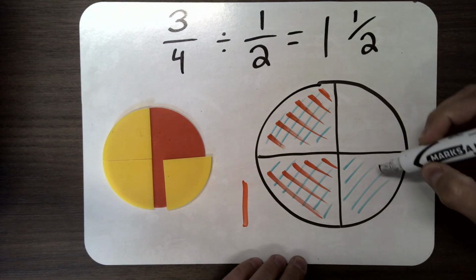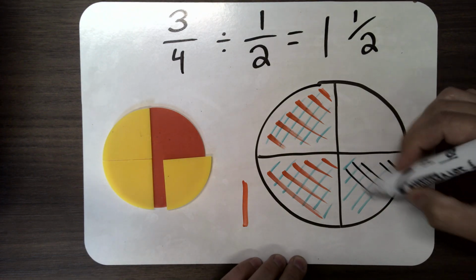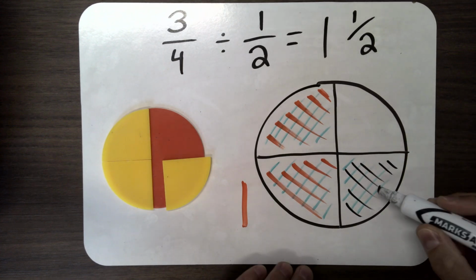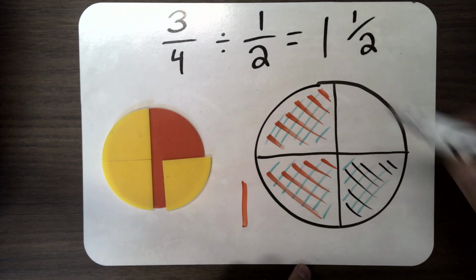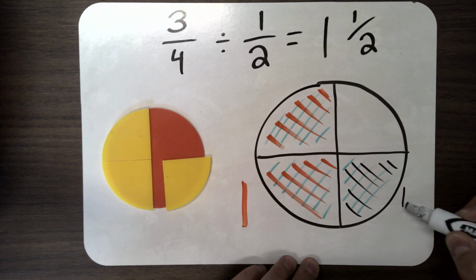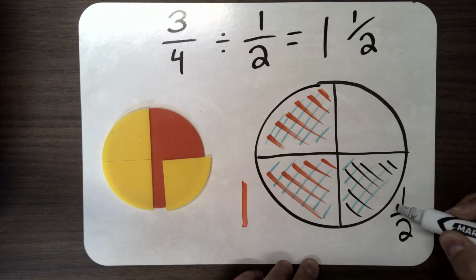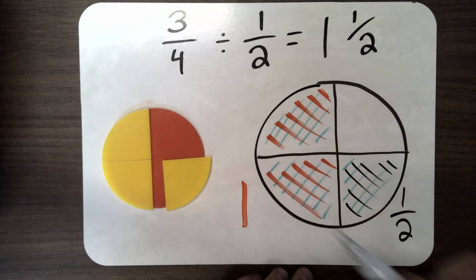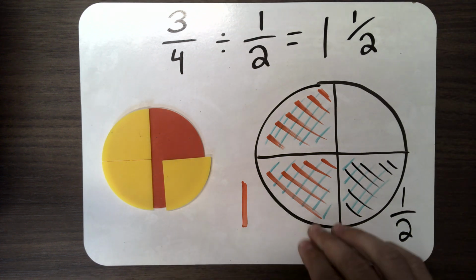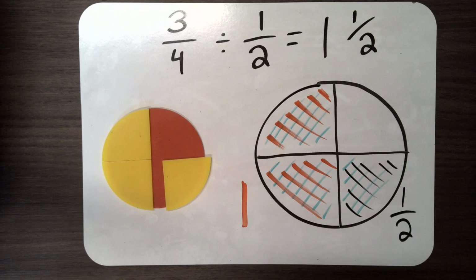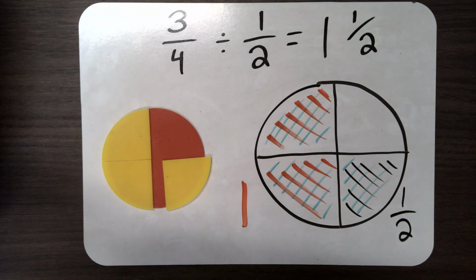But then we have this piece that's left over here, this black portion. This is one of the two parts that we would need to create a group size of 1/2. So this is a half of a group with a size of 1/2. This is where that half comes from. So it's concrete model, representational model, and then our abstract model for this one, at this point, is just going to be that equation, 3/4 divided by 1/2 equals 1 1/2.